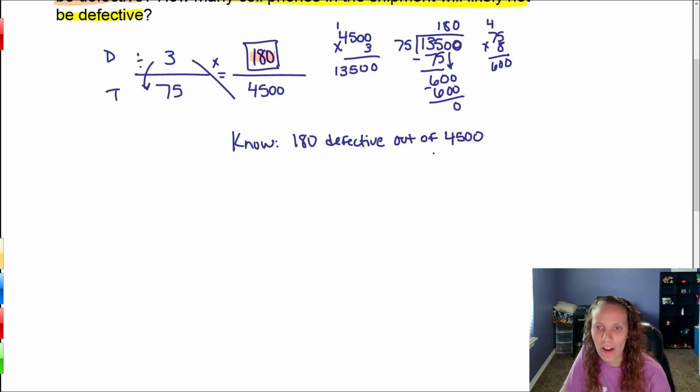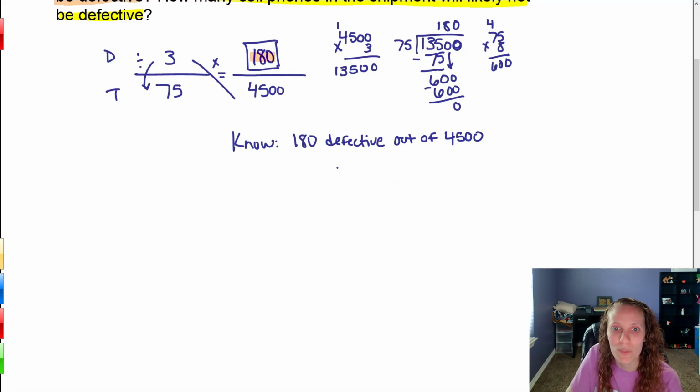So to figure out how many would not be defective or how many would actually be working, we could take these two numbers and subtract to figure out the number of cell phones that would still be good. So let's take 4,500 and subtract 180.